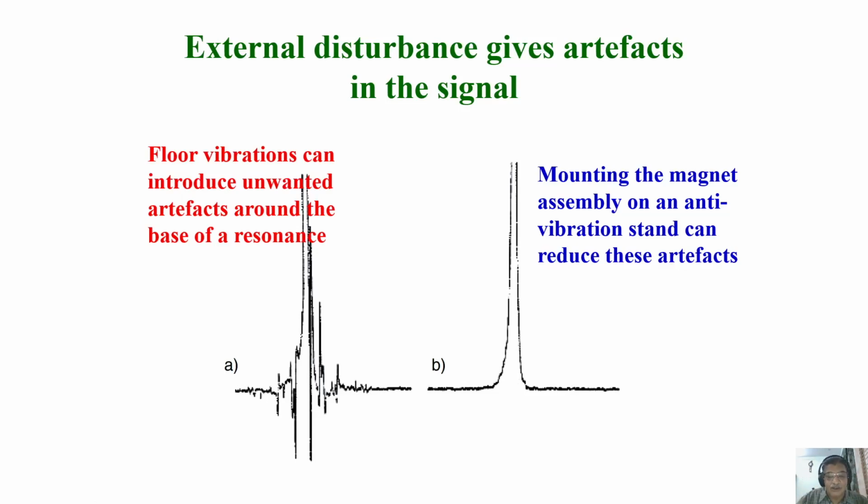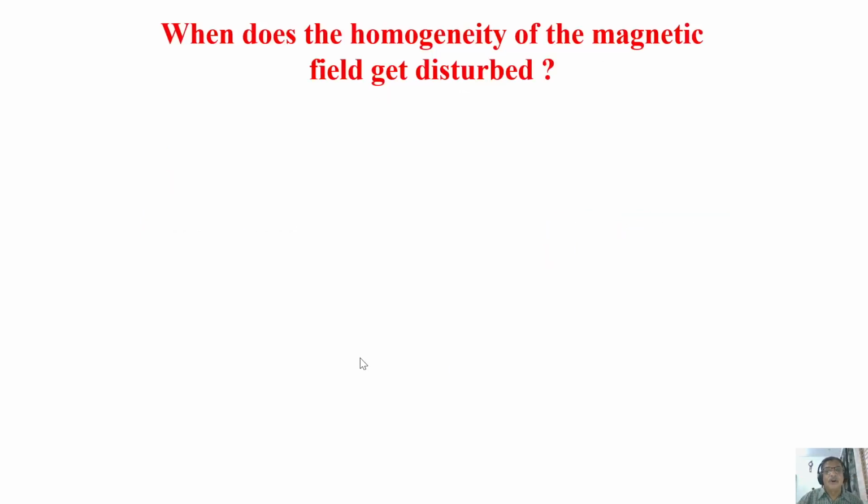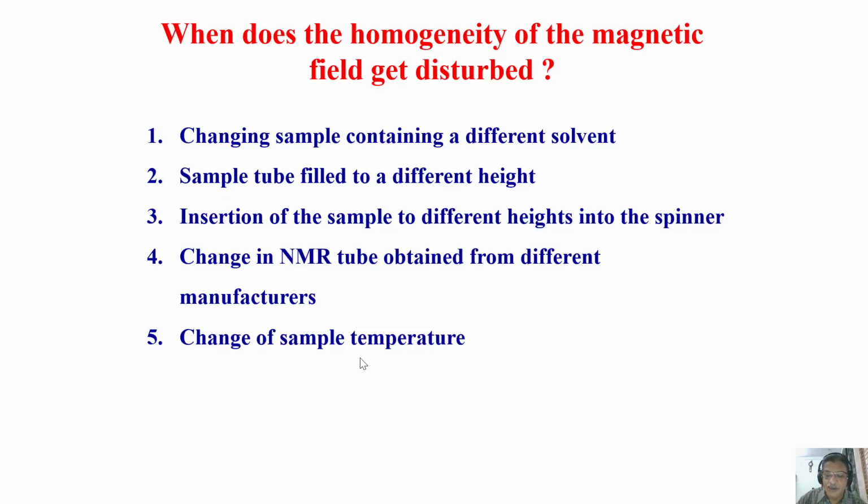You can check: if it is not put on an anti-vibration stand, if it is put on a floor, and somebody is working on a lathe somewhere a little far away, or a heavy truck is moving just 20, 30, 40 or 50 feet away, your spectrum will show a lot of disturbance. You may start interpreting it as due to sinc function artifacts, etc. But this is due to external disturbance coming. So you have to mount it on an anti-vibration stand.